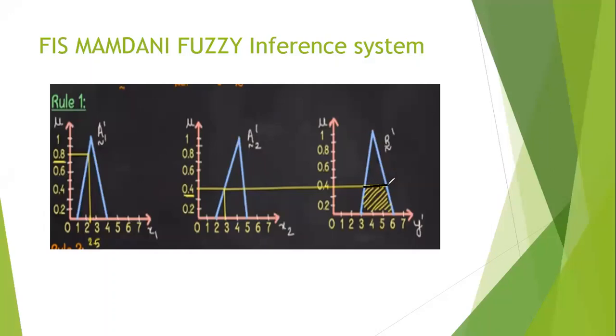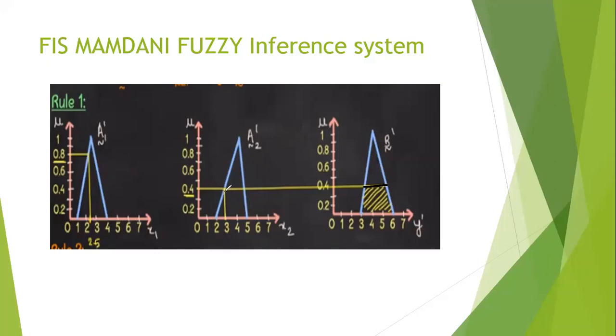Minimum of 0.8 and 0.4, we consider 0.4 as the minimum value. So the corresponding shaded area is the resultant B1 for your output, pertaining to the first rule.